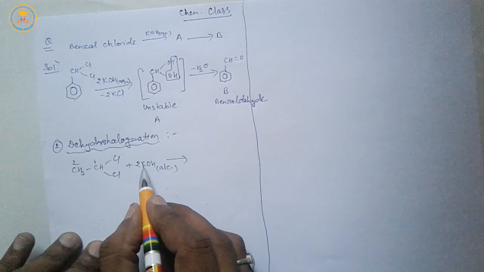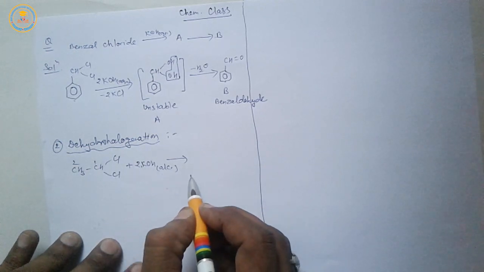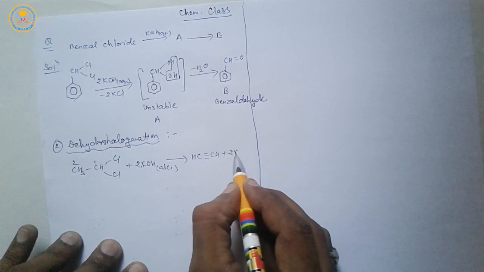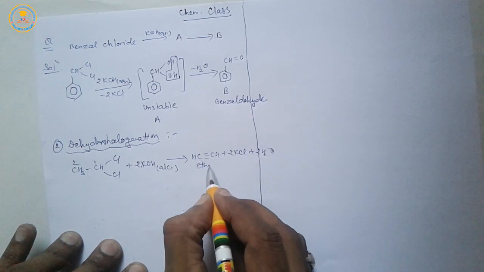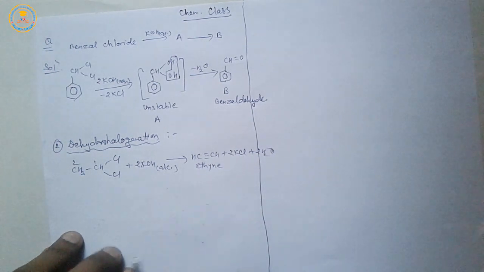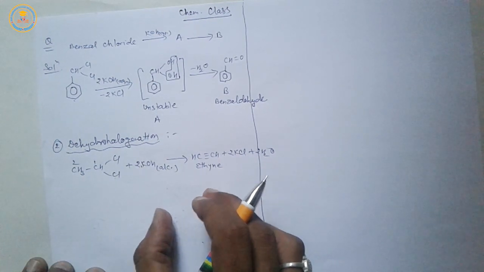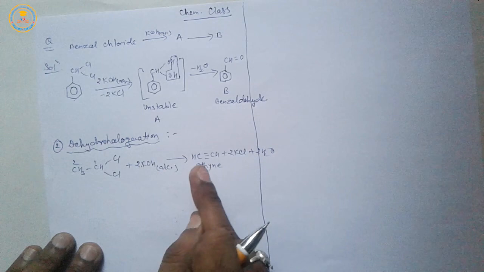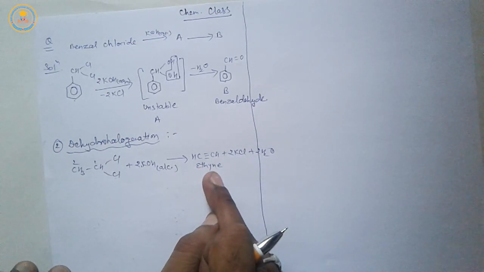After removing two KCl and two water molecules, alkyne is formed here. It is known as ethyne. Here 4 sigma bonds are cleaved in 1,1-dichloroethane and 2 pi bonds are formed in the product.